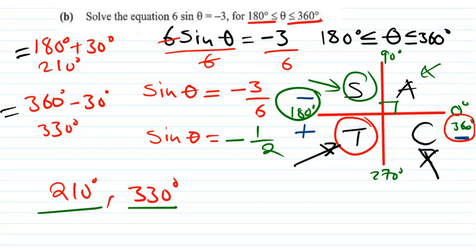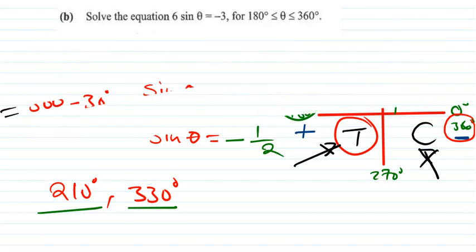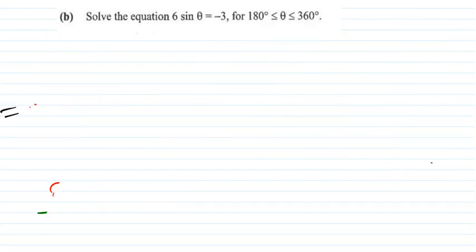Now for practice, I want you to pause the video and try this new one out, which is cosine of theta is equal to negative 0.5.